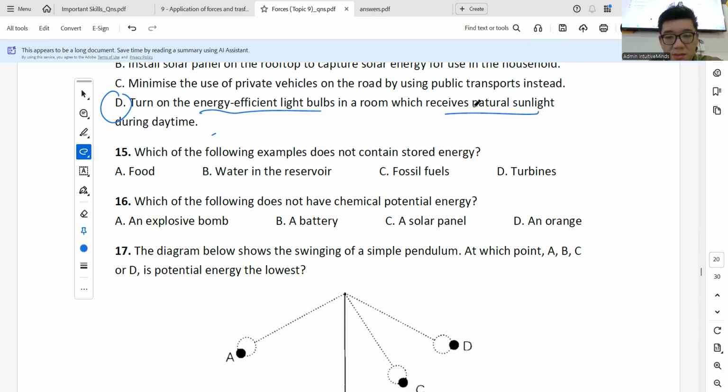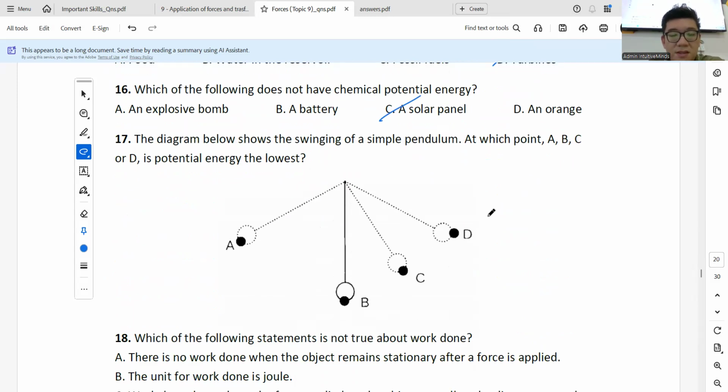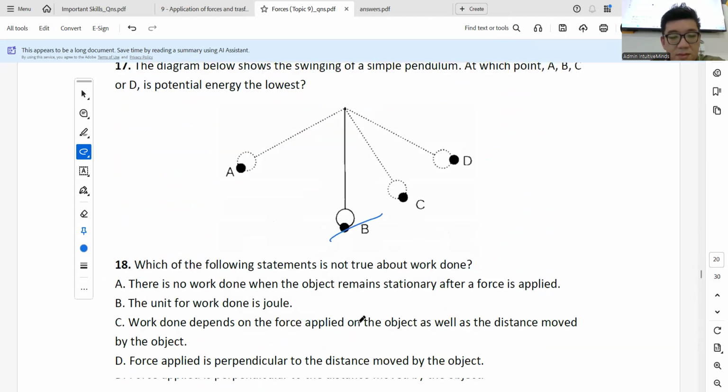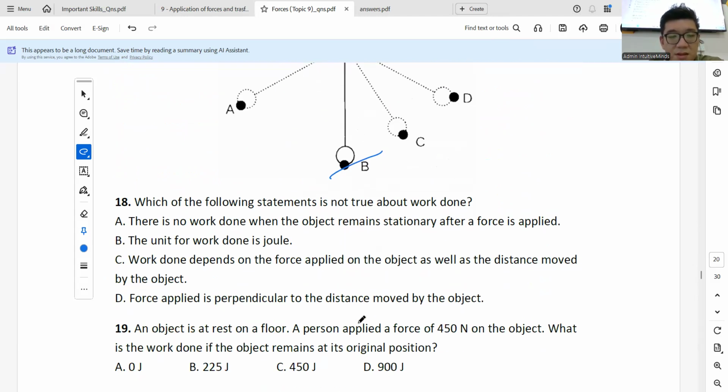Mm-hmm. 17? Yep. 18? You're asking for not true.